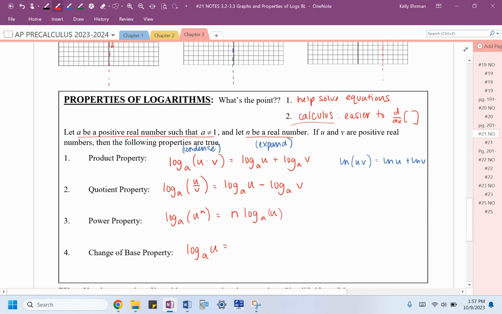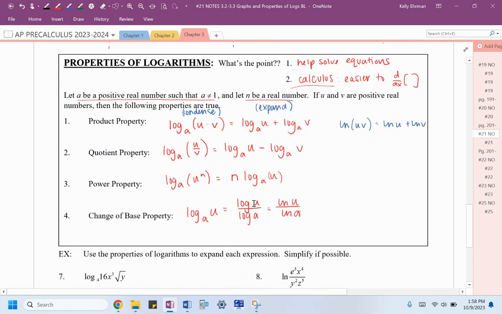So the log base A of U can be the ratio of the log of U over the log of A, or the same ratio with natural logs, the natural log of U over the natural log of A. A proof for this gets into solving equations, so we will get to that down the road. But these are calculator problems for now, and we'll use them to simplify expressions too. Okay, so those are our properties.